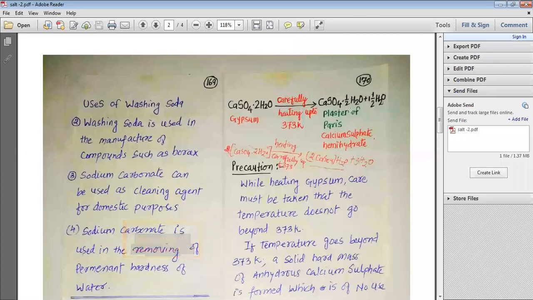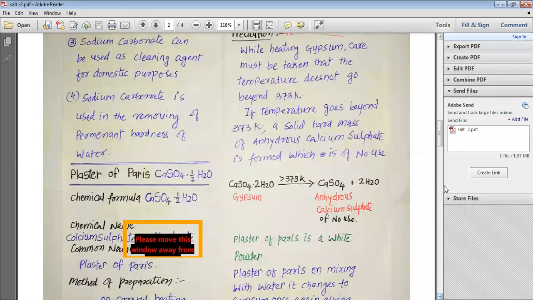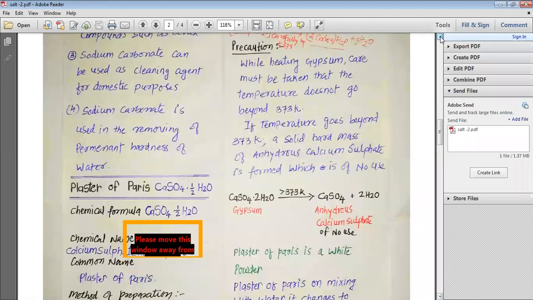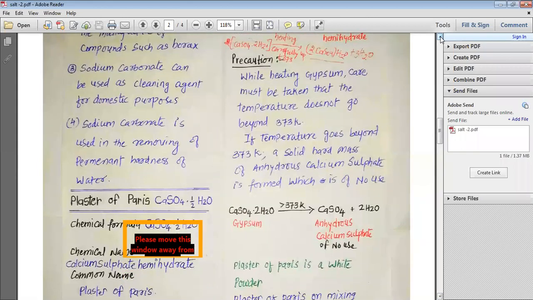When we multiply, the plaster of Paris turns into 2 CaSO4 into 1 H2O, and 1.5 H2O will be turned into 3 H2O. So if you don't understand one reaction, you can understand this one, and this is how you can understand the preparation of our calcium sulfate hemihydrate, which is known as plaster of Paris.